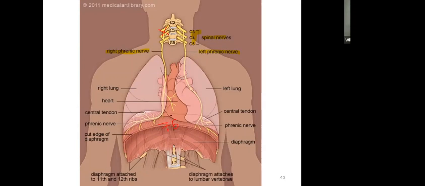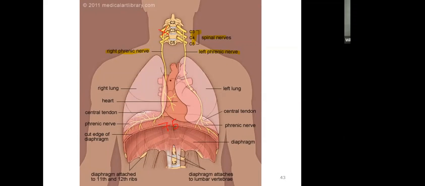So if you cut the right phrenic nerve or the left phrenic nerve, you lose 50% of 75, which is 32.5. So is that right? No, it's not. 37.5, isn't it? My maths is useless. Yeah, half of 75. And the remaining part is via the intercostals.